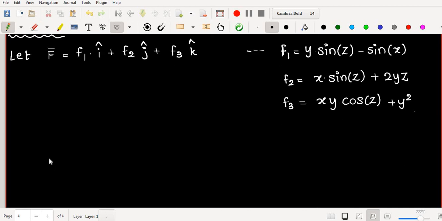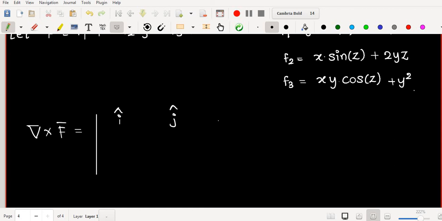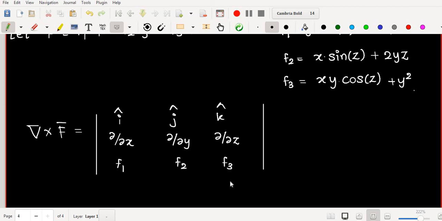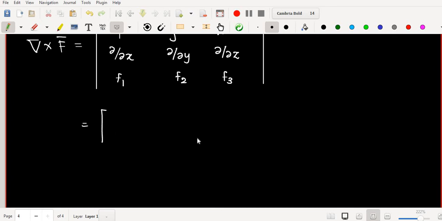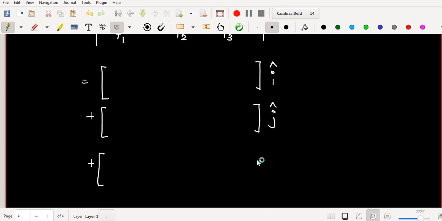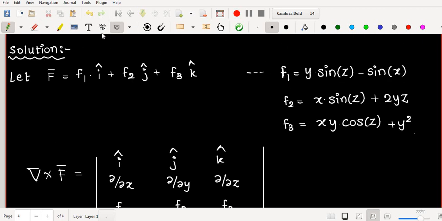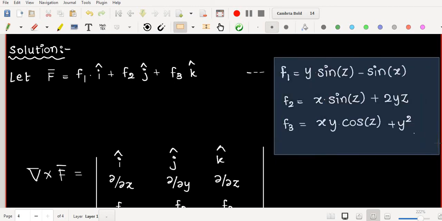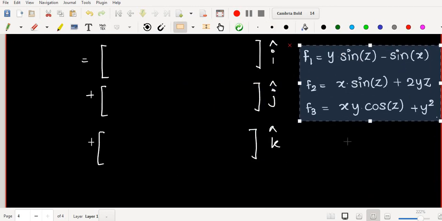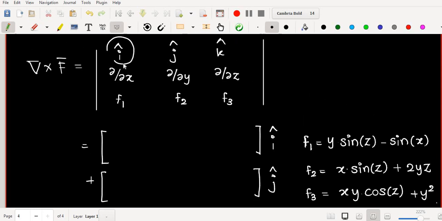Therefore, to find the value for curl, we consider the determinant i bar, j bar, k bar, partial derivative with respect to x, partial derivative with respect to y, partial derivative with respect to z. In the third row, we take f1, f2 and f3.